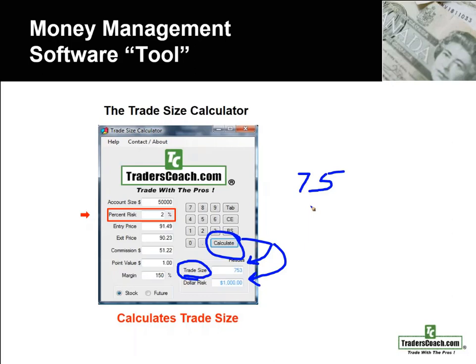In this case, that means we don't want you to go over 753 shares on this stock example, because if you do, based on the current price and where your stop and entry are located, your dollar risk would be more than 1,000, and 2% of 50,000 is 1,000. That's the most we want you to lose, and we're going to tell you a little more about some of the tables that substantiate that. So that's just a quick intro on the actual trade size calculator.